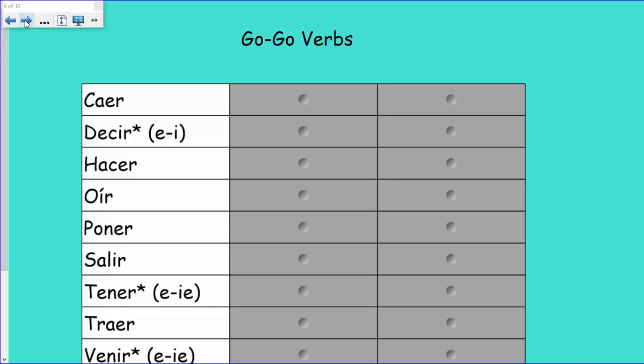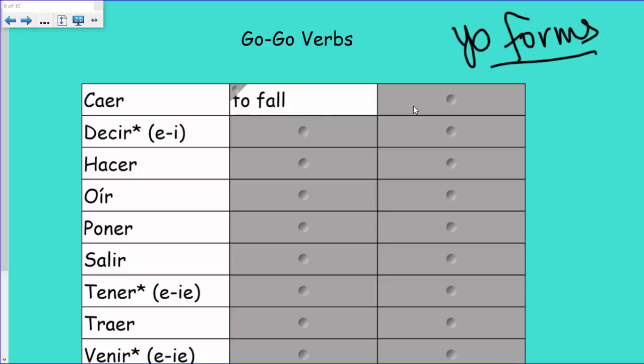Okay, our last page are what are labeled as Gogo verbs, and that's because their yo forms have a go in them. So you're going to see the yo forms and the meanings here.